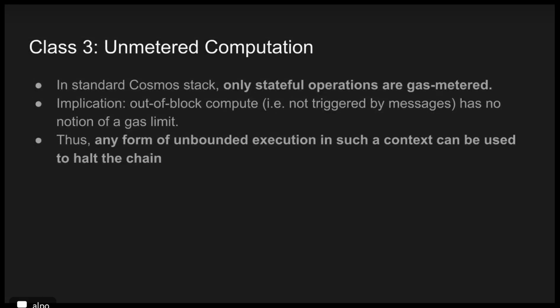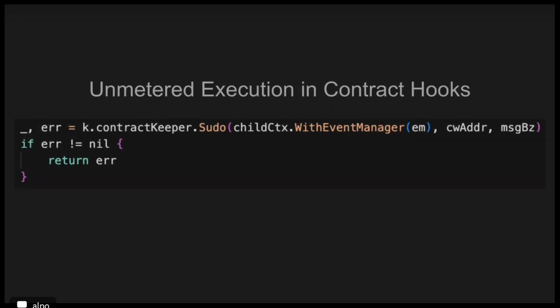And there are a bunch of ways you can get to unbounded execution outside of just having a literal infinite loop. Actually, this is one that people should please take note of. I think it's surprisingly common, where in your Cosmos SDK Go code, you can execute contracts, like Cosmos contracts. And surprisingly, this is not something that is automatically metered or limited.